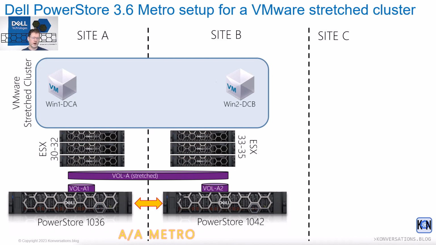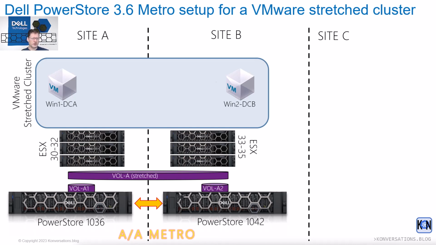So DCA sits in data center A and talks to a volume that is preferred on A, while DCB runs in data center B, obviously, and is running from the volume that is preferred on data center B.